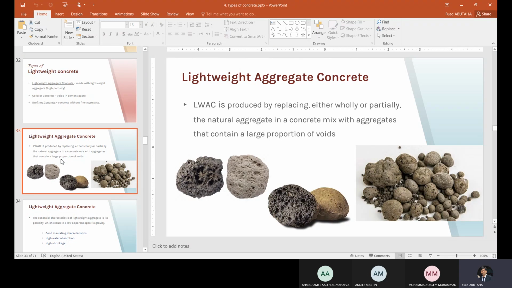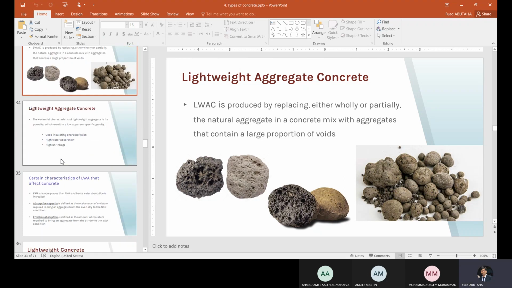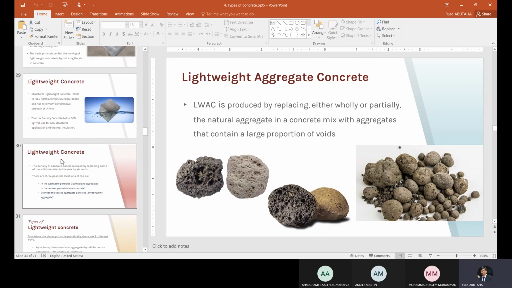We have actually three methods to produce lightweight concrete. The definition of lightweight concrete is a concrete that has low density, related to its density in kilograms per cubic meter. We define lightweight concrete from its density.